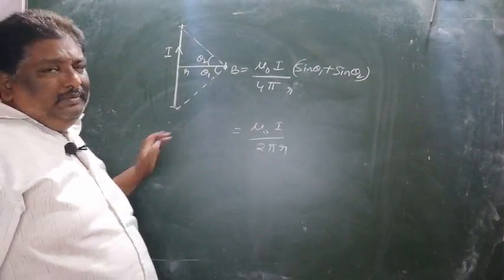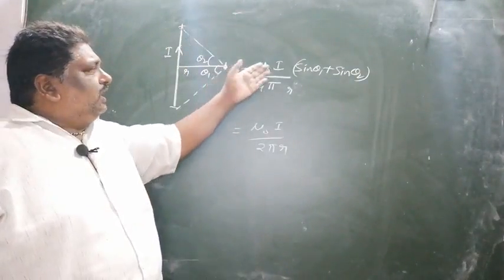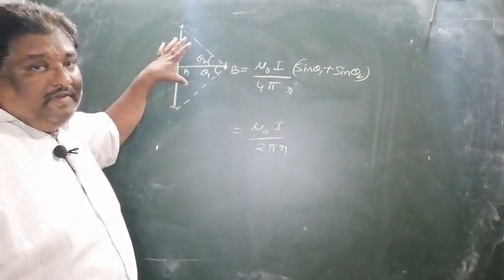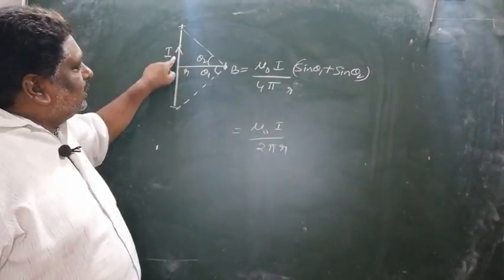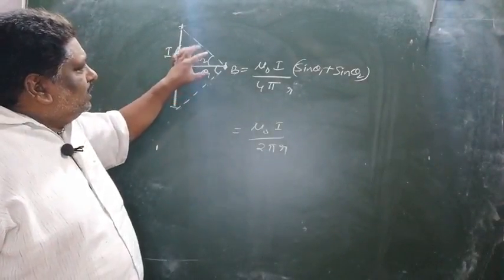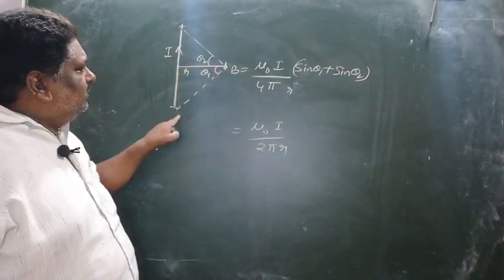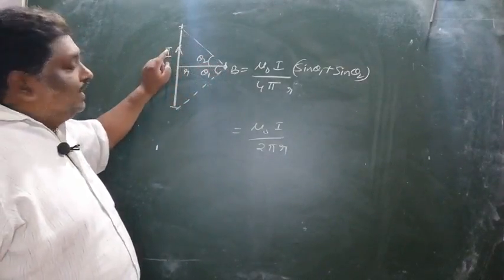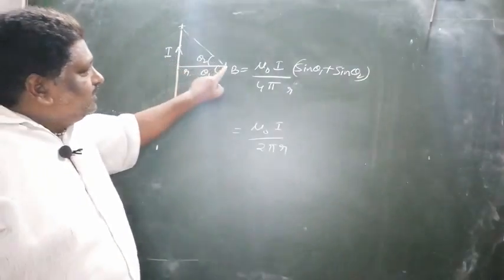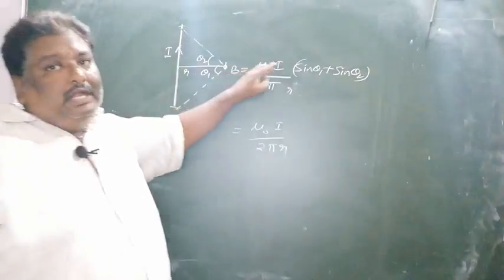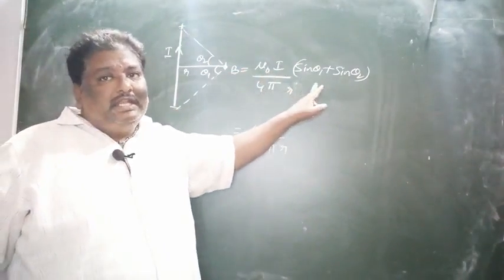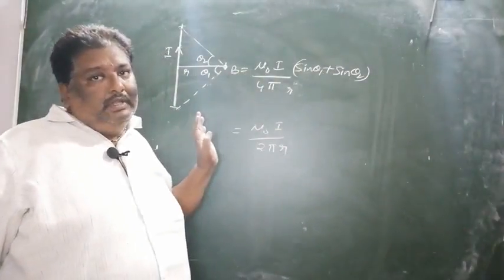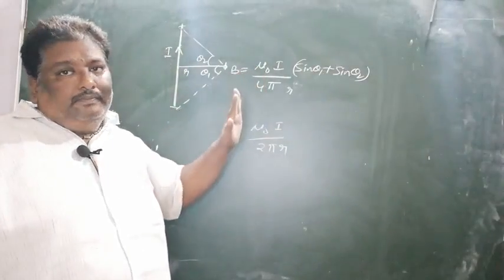Okay, so in PUC you have derived it. Due to the finite conductor, current is passed. Theta 1, theta 2 are the angles made by this point with the ends. Then because of this current, how much magnetic field is produced here? Mu naught I by 4 pi r into sin theta 1 plus sin theta 2. It is one formula, over.